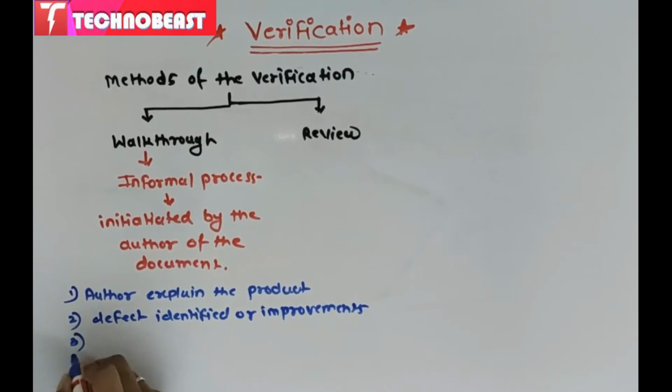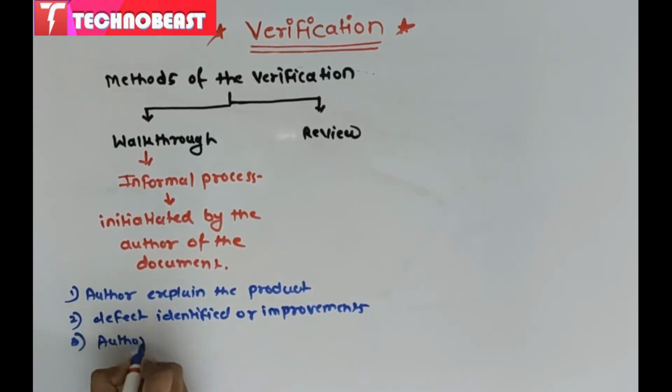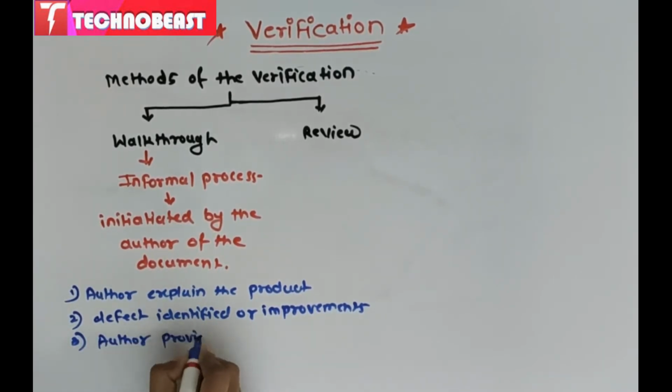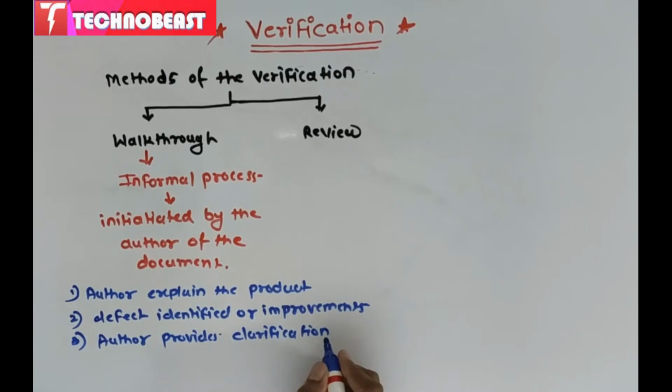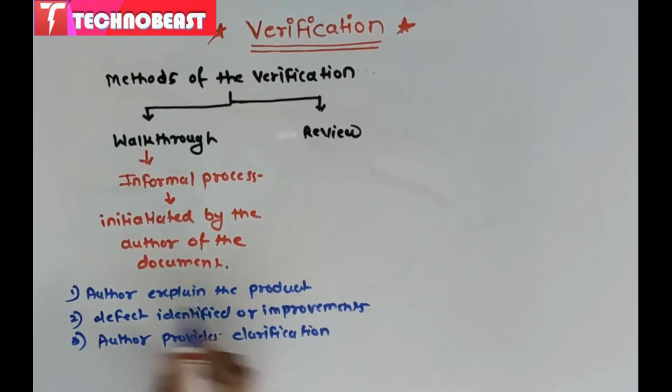Then the third stage is that the author provides clarification if required. If they have any doubt about any point, the process, or the product, then the author provides clarification.